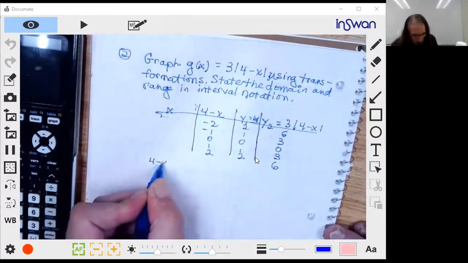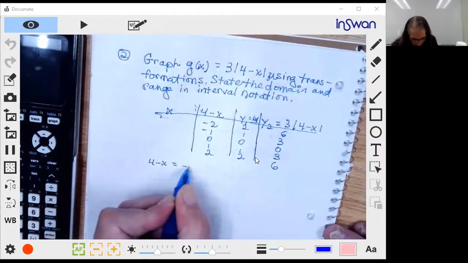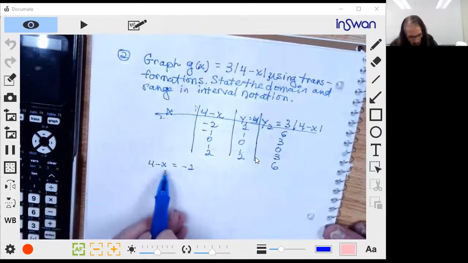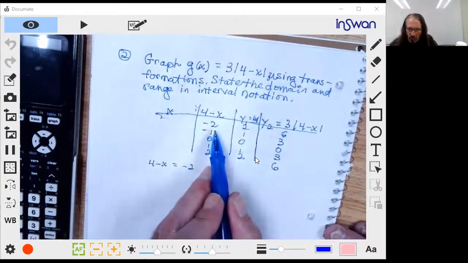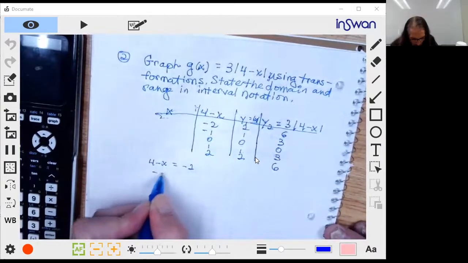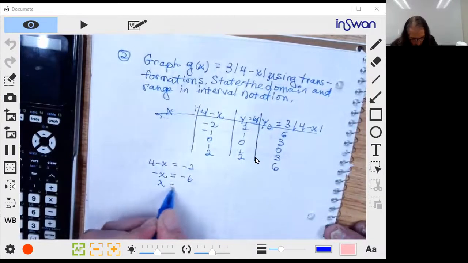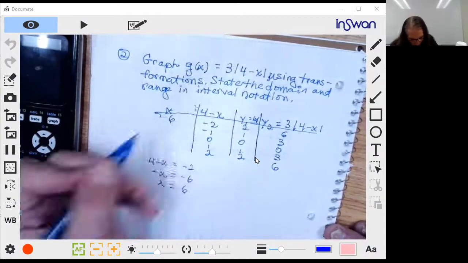So what x would I have had to put in for getting 4 minus x to equal -2? That would have to be 6.